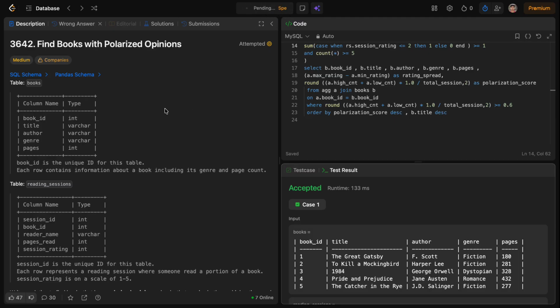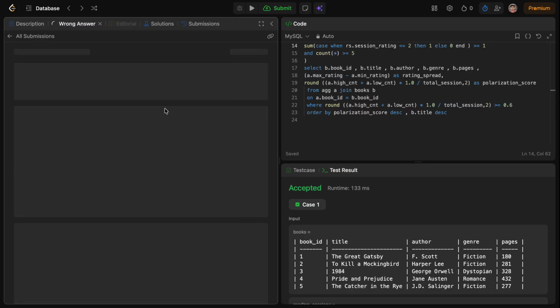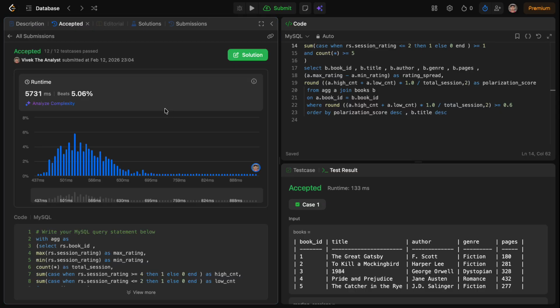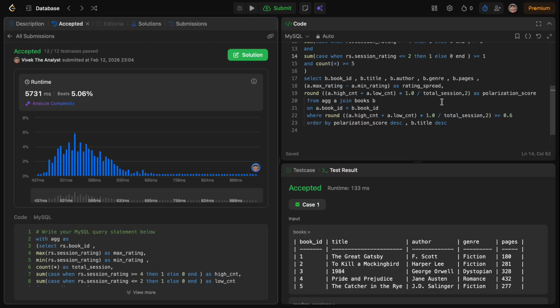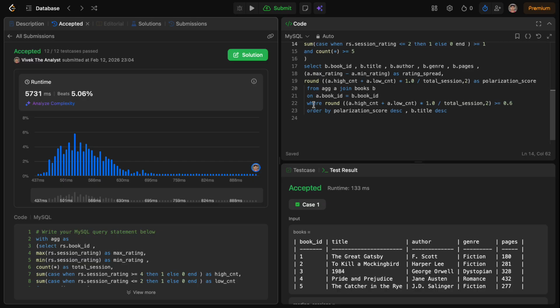Okay, perfect. So just because of using the condition in place of ROUND here, the output of the polarization should be equal to or greater than 0.6, we have to use this condition in the WHERE clause.